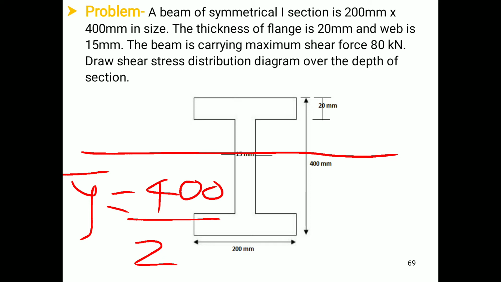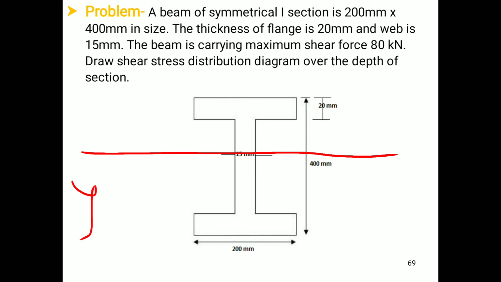We have to find out the value of A, y bar, I and B. Therefore y bar will be 400 divided by 2. We have considered directly 400 divided by 2 because it is symmetrical about x-axis. As it is symmetrical, therefore y bar will be total depth divided by 2.